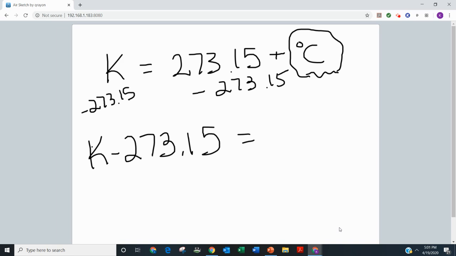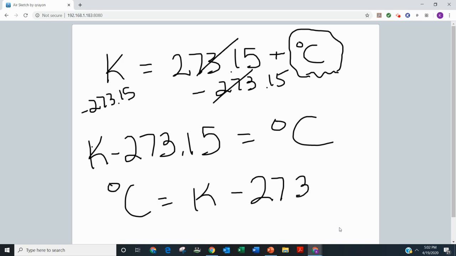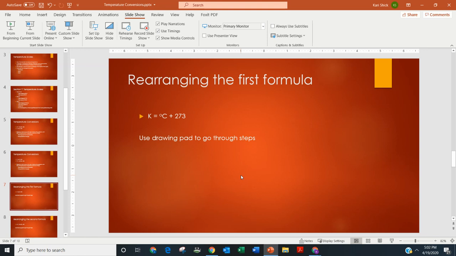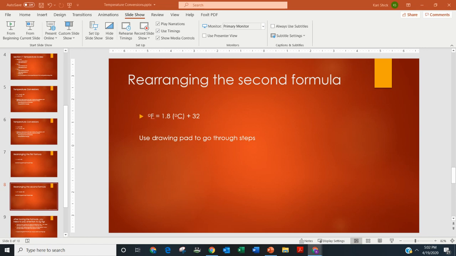And then on the right side, this cancels with this, and you're left with degrees C. So rearranging it so it's a little bit more user-friendly, degrees C equals K minus 273.15. I believe that equation is pretty straightforward.